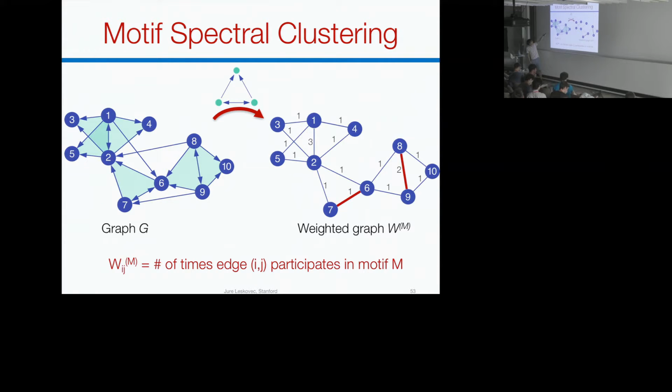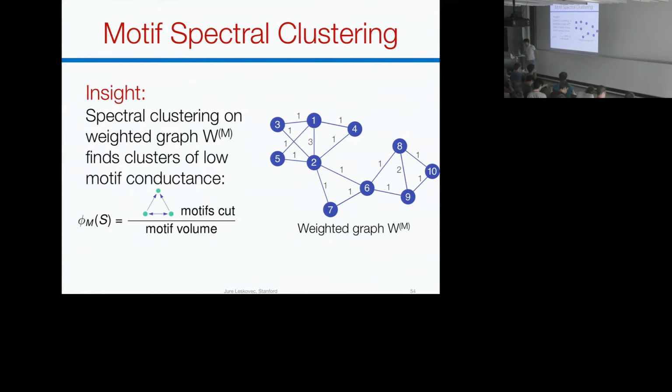This one here has 3 because it participates in 3 instances. Notice also that there is no edge here because this particular edge 7, 9 participates in 0 instances of my motif. So what I just did is I took my directed graph and my motif, and I created an undirected graph out of it that has weights.